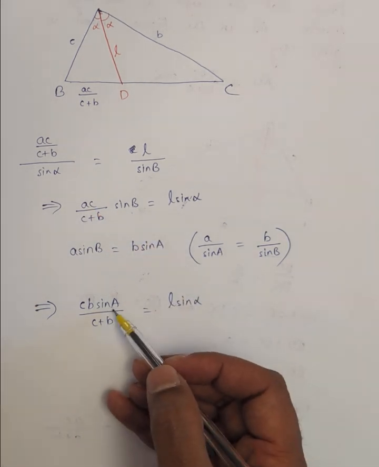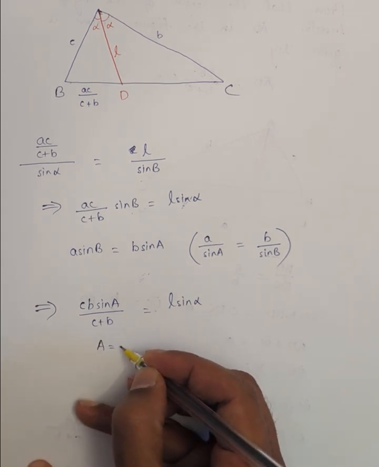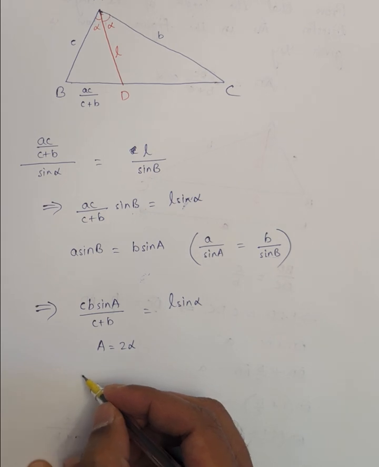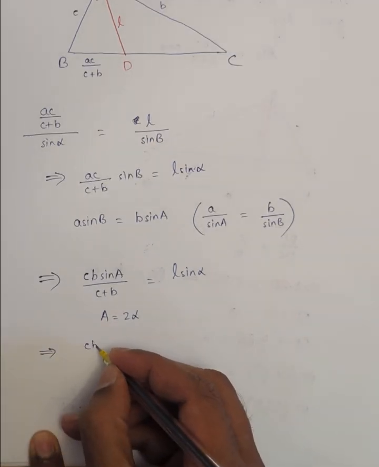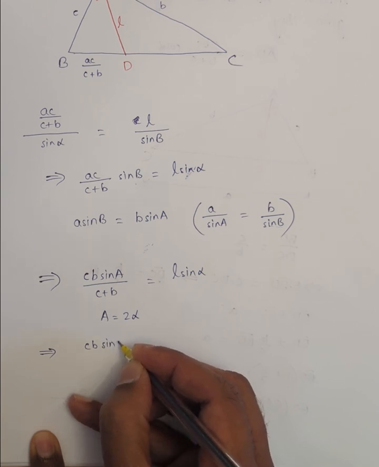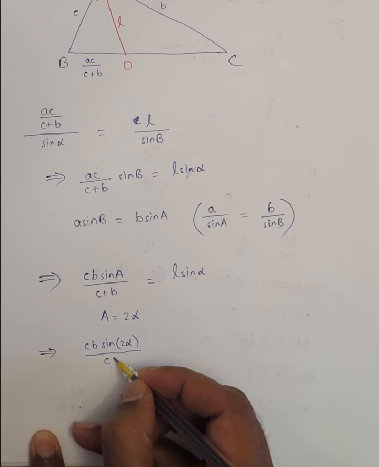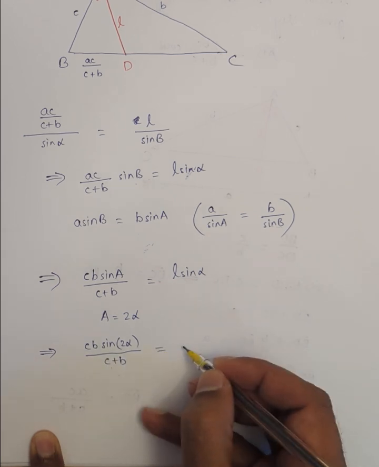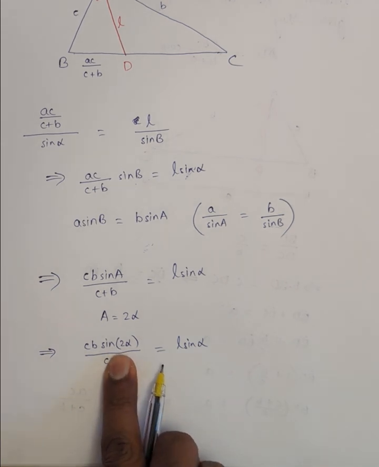Now, what is sine A? A is 2 alpha, which means the left side is really CB times sine of 2 alpha over C plus B. And the right side is L sine alpha. Now, what is sine 2 alpha?